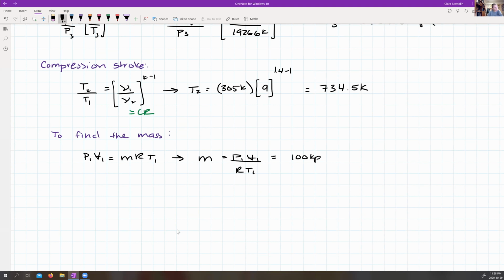So 100 kPa. My volume was 6 times 10 to the minus 4 meters. My R value was 0.287, and, okay, let me do that properly, kilojoules per kilogram Kelvin.